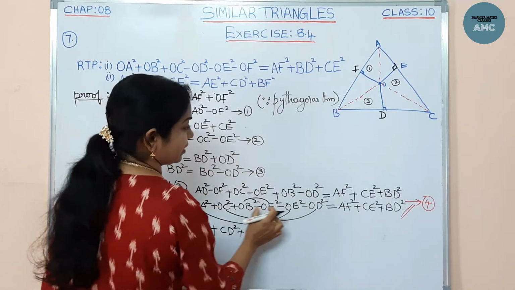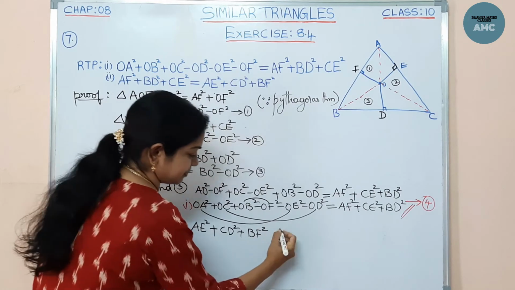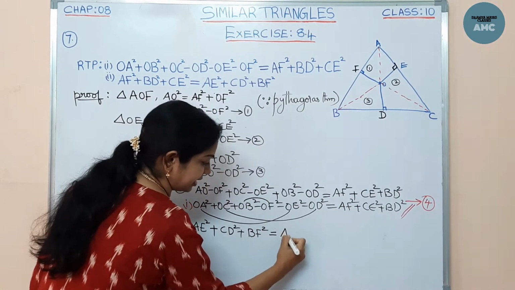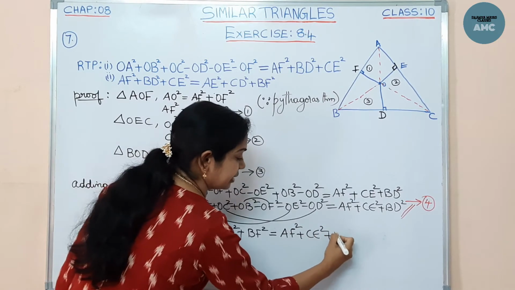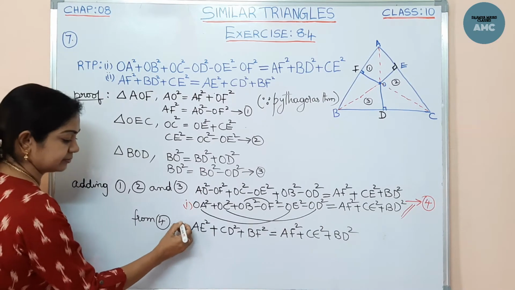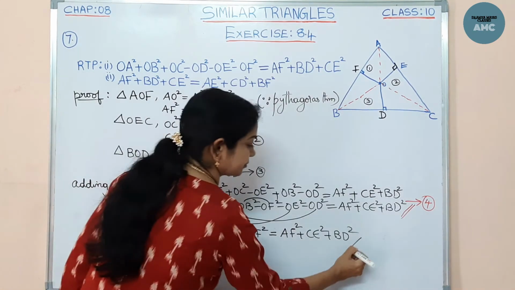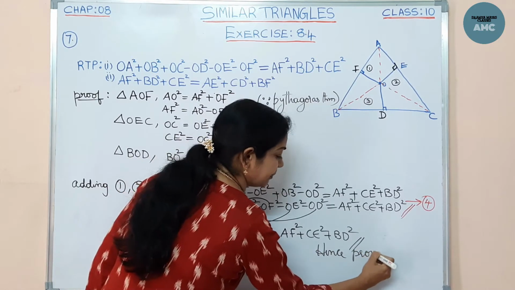This part we'll write as it is. So from the fourth equation we got this. This is the second part of the equation. Hence proved. So like this we can prove using the Pythagoras theorem.